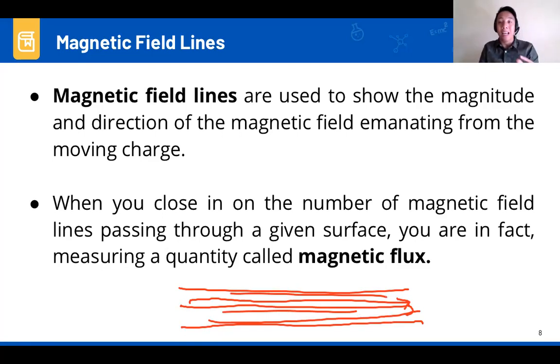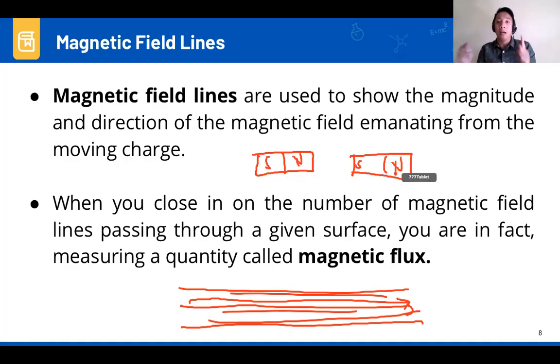But in magnetic field lines, this one is different. It's because we have here, for example, two magnets. Right? And this one, we have two parts. North, south, south, north.